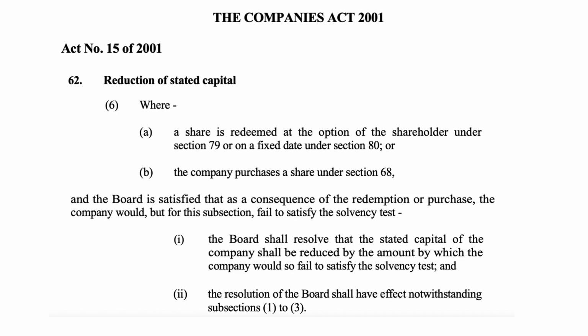The board must decide that the stated capital of the company will be decreased by the amount that would cause the company to fail the solvency test. Number 2, the board's decision will be enforced regardless of subsections 1, 2, 3.